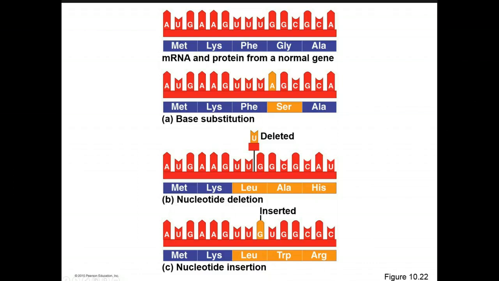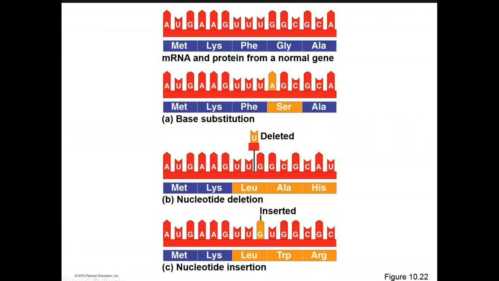Also, you can have deletions and insertions. Remember, a deletion mutation occurs when one or more nucleotides are removed from the gene sequence. In some of the previous slides, we talked about when whole chunks of DNA were deleted or inserted. Here we're referring to typically just 1 to 3 nucleotides deleted or inserted.